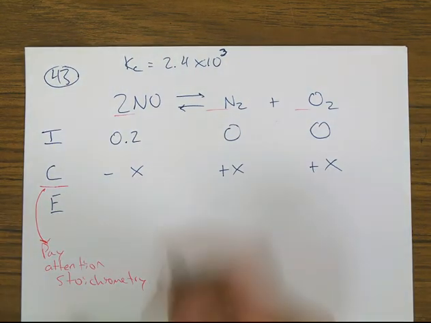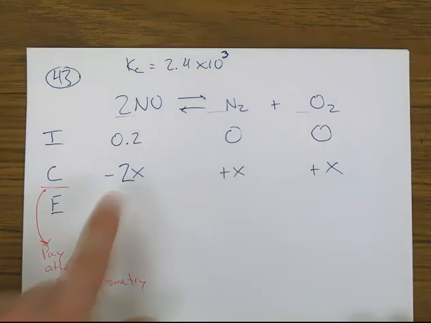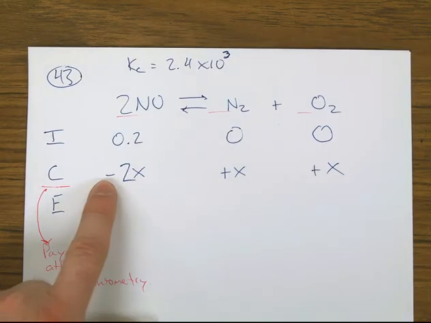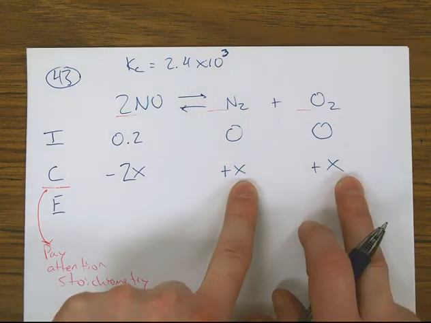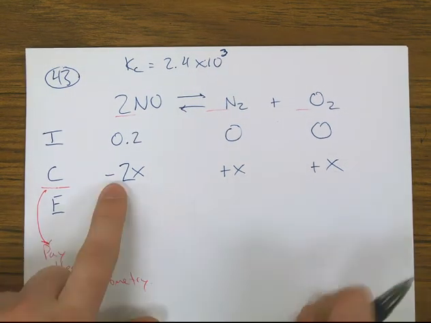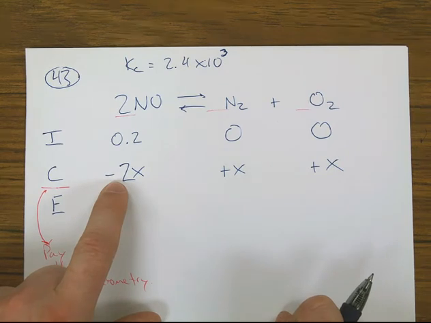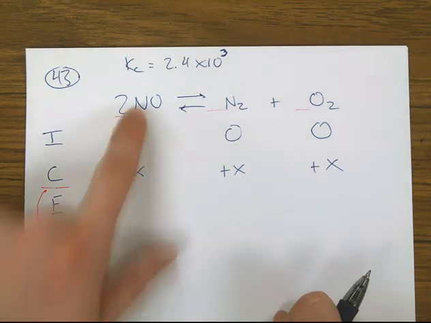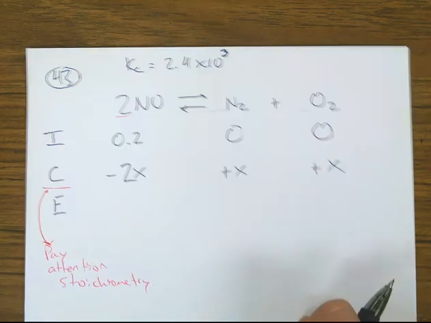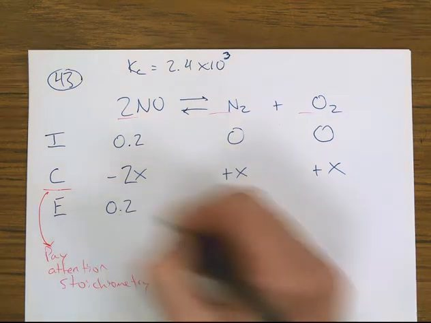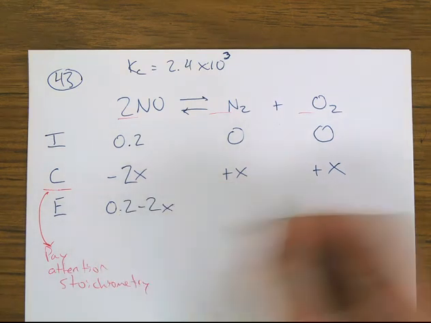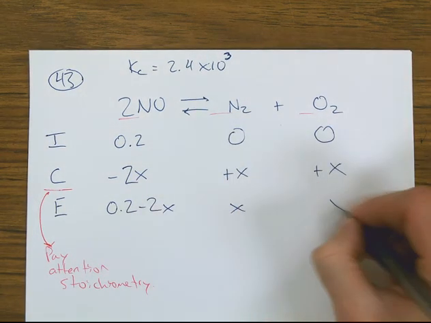That's why I have to put a 2 in front of this x, because every time I produce 1 of these for some value x, you're going to have twice as much of this decrease. So twice as much of this disappears as these two individually appear. Now, equilibrium is actually going to be 0.2, which was my starting concentration, minus 2x here. And then these two are both going to be values of x.